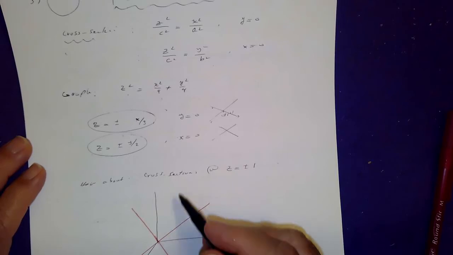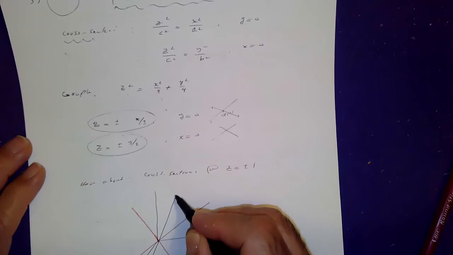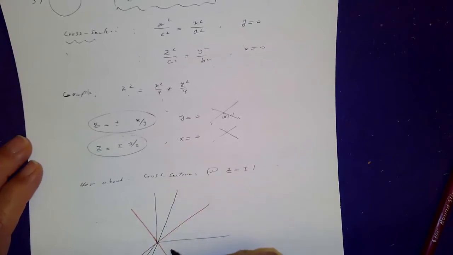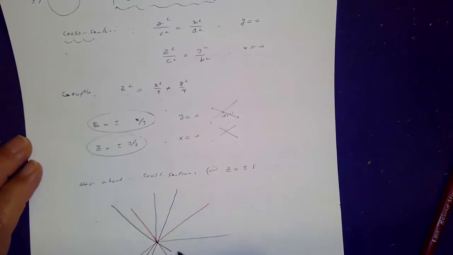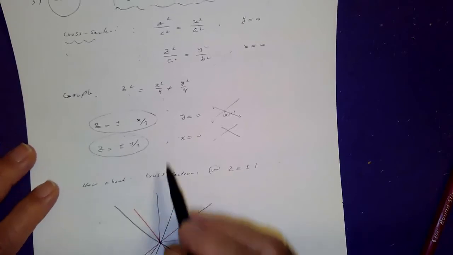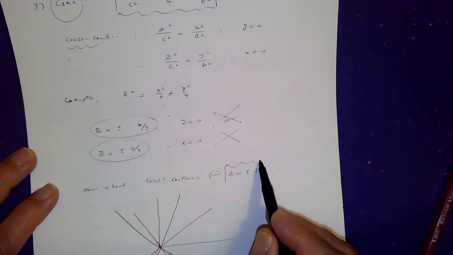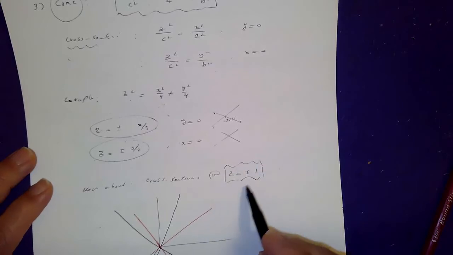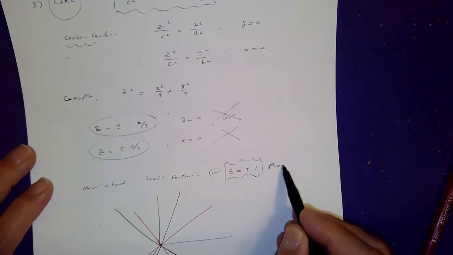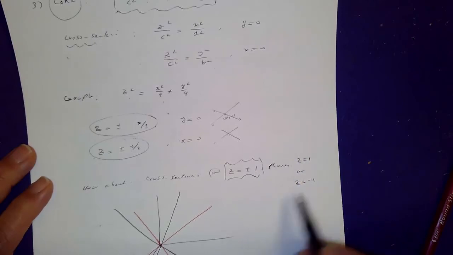Suppose now this is one of those intersections, and imagine the other guy. I'm going to draw it with the black one, that guy right there. Do you see it? So the question is, what would be the cross section of this surface at z equal to +1 and z equal to -1, meaning the planes z equals 1 or z equals -1?